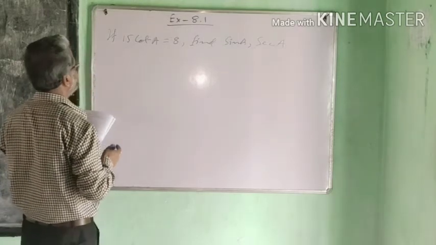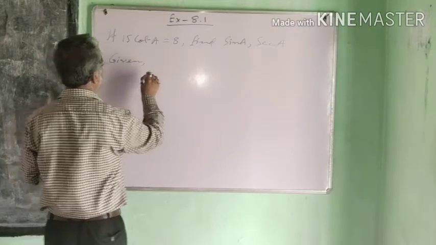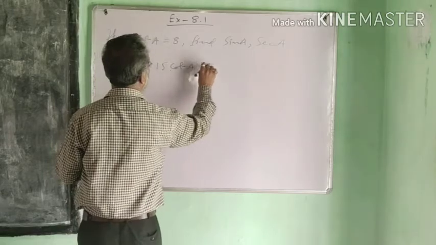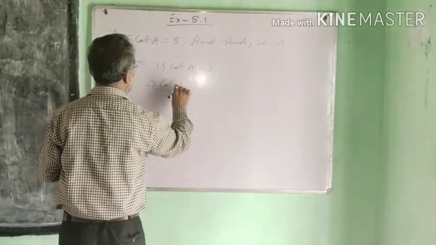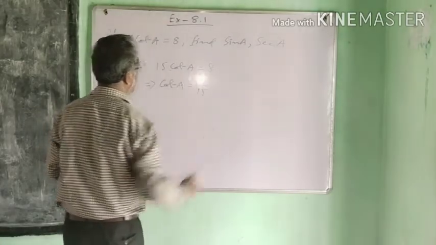Given 15 cot A is equal to 8, which implies cot A is equal to 8 by 15.